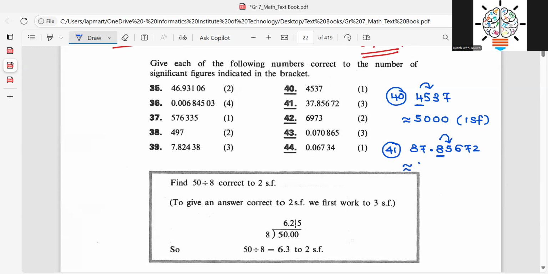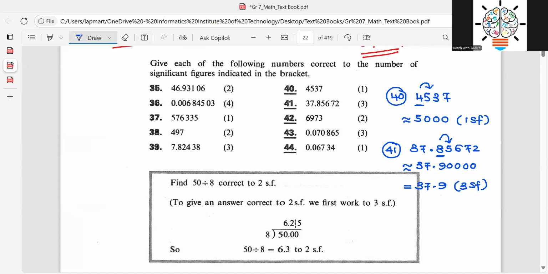So then we write 37.90000, but I conclude my answer as 37.9 and here I write 3SF. Normally we fill the rest of the digits with zeros, but here it is a decimal number. There is no point of keeping the decimal zeros like this. Therefore, I conclude my answer 37.9.